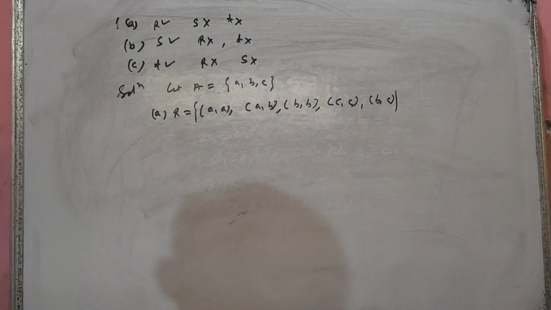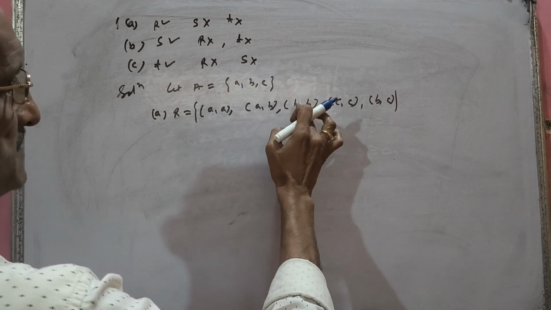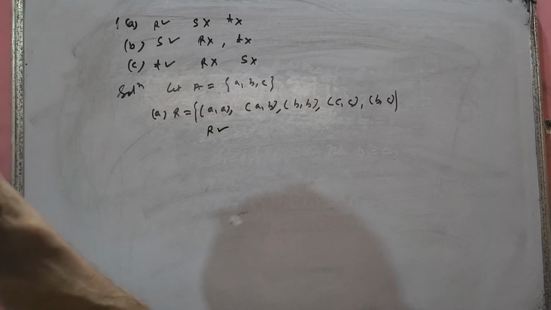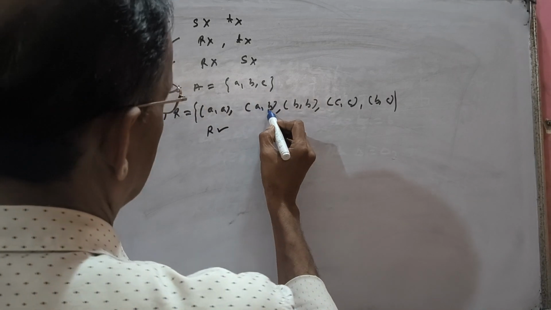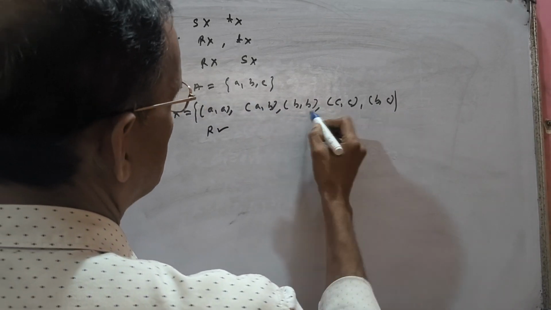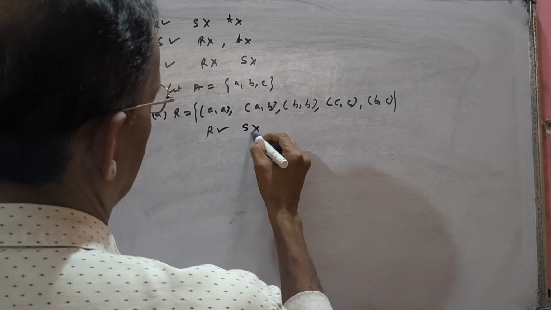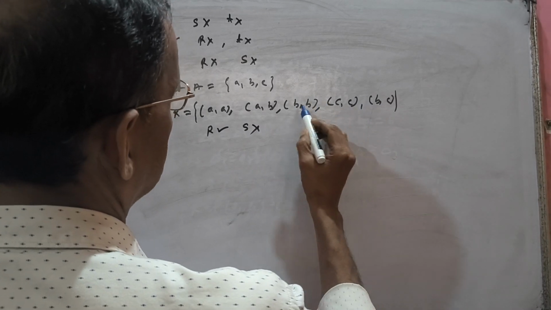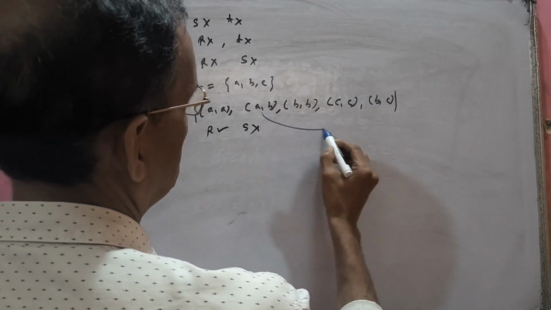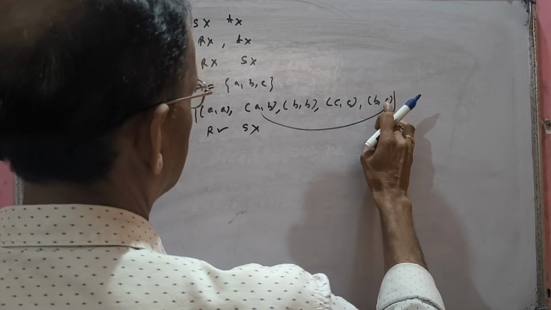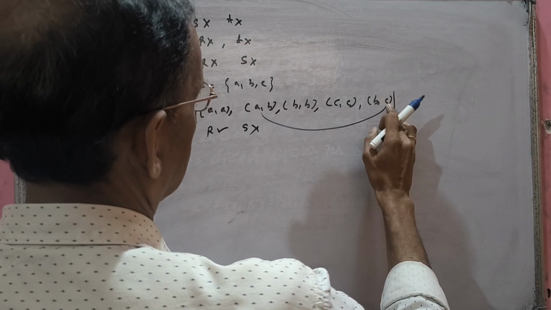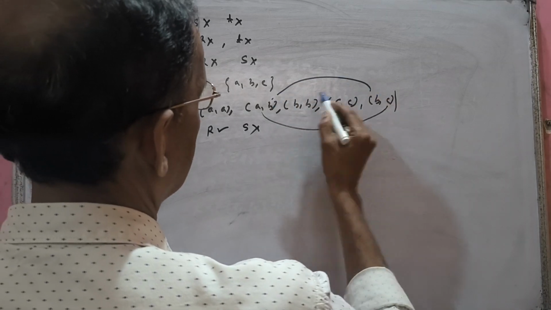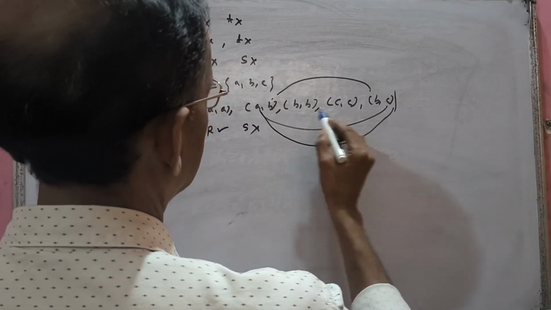Now see, (A, A) is here, (B, B) here, (C, C) here, so it is reflexive, okay? (A, B) is here, but (B, A) I can't see here, so it is not symmetric. (A, B) here, (B, C) here, then (A, C) should be here, no?